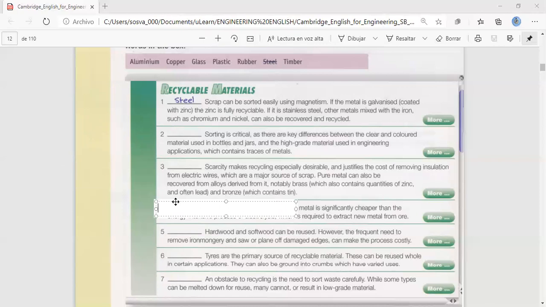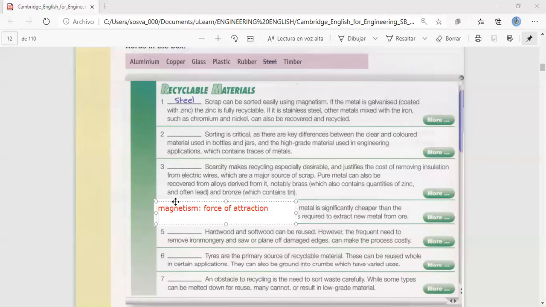So we can have another meaning from the terms, like for example, magnetism. So what is magnetism? Force of attraction. Electromagnetic. Okay, force of attraction. That's another example.